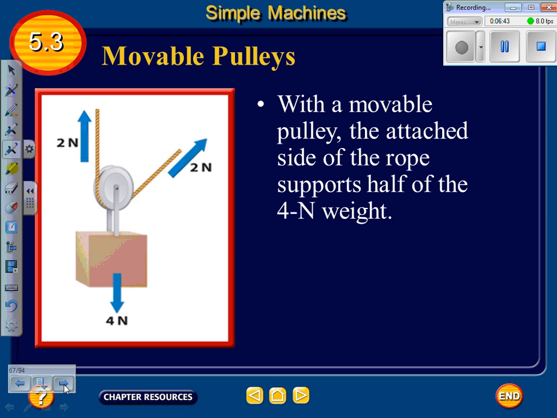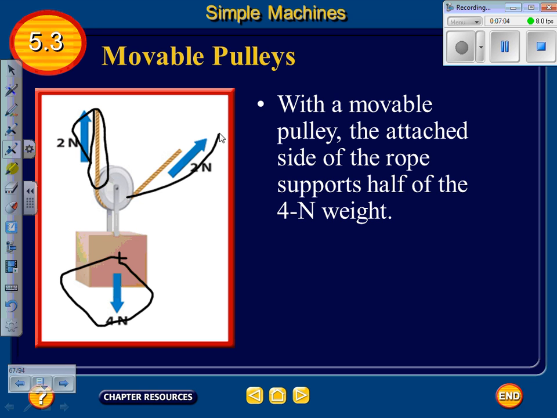In this example, with a movable pulley, the pulley is free to move. The attached side of the rope supports half of the 4 newtons of weight. This is your output force, 4 newtons. The pulley, like it says, is supporting half of that, or 2 newtons.